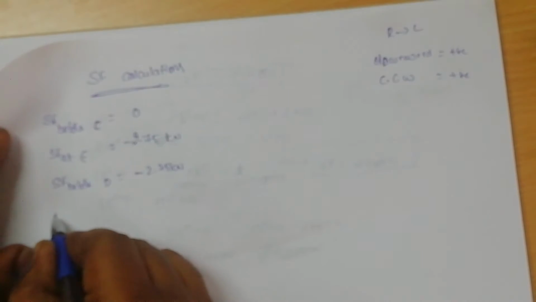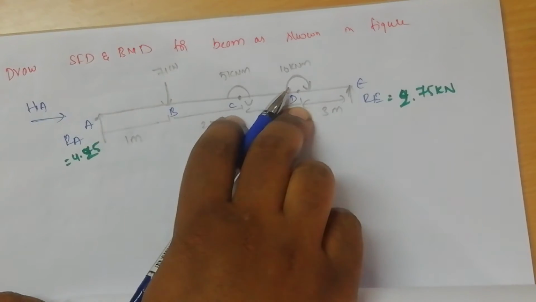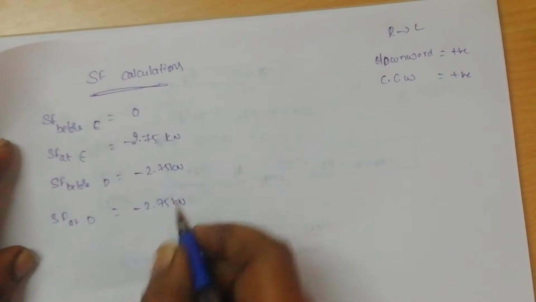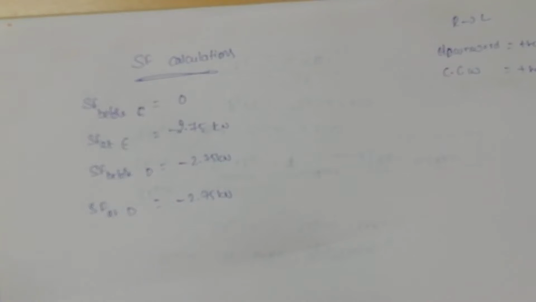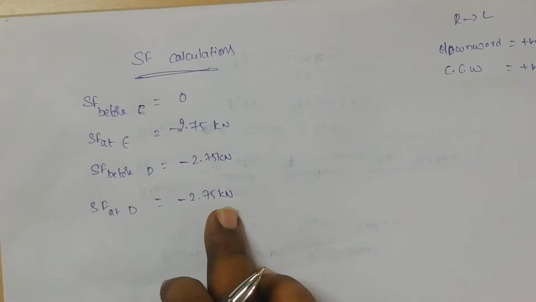Next is shear force at D. We don't have any load, this is a moment, so we should not consider moment in shear force calculation. So we have solved till shear force at point D is equal to minus 2.75 kilonewton.